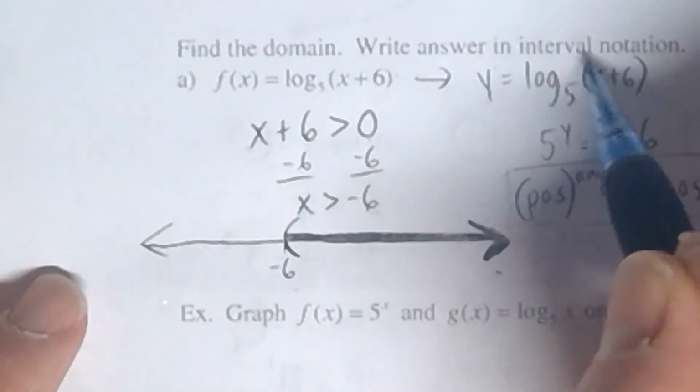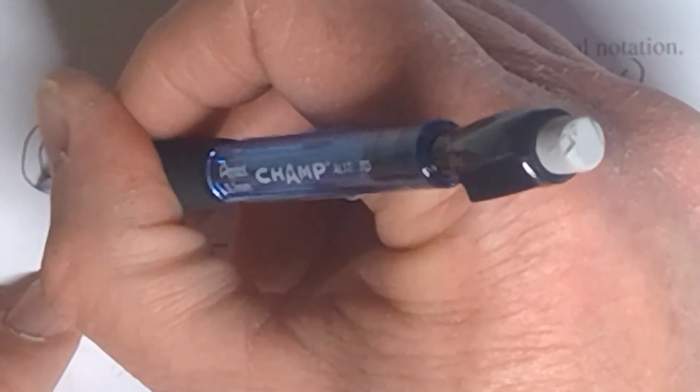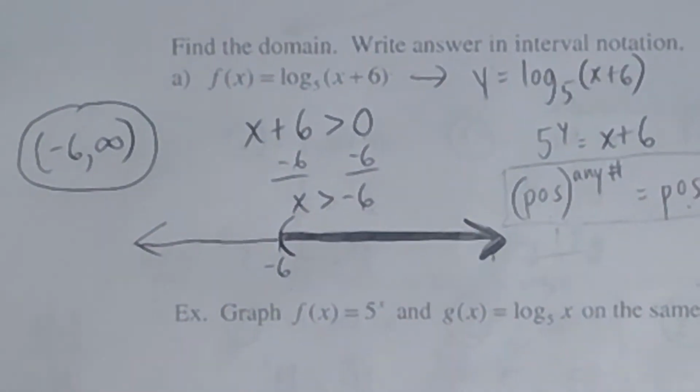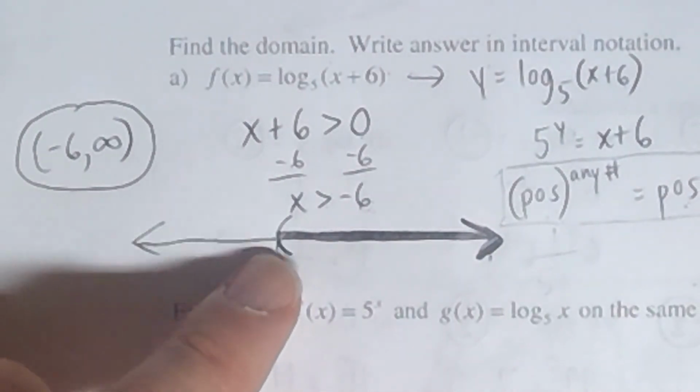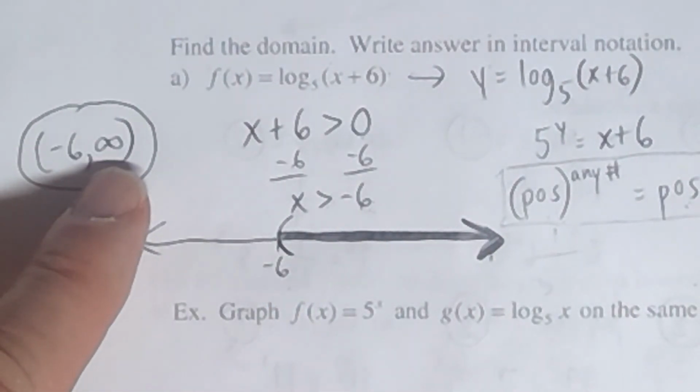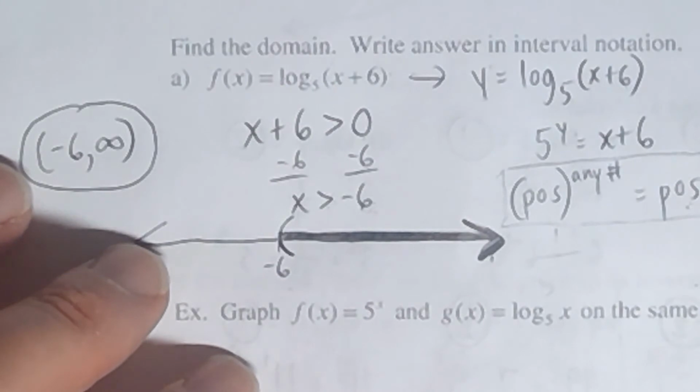And then as the directions say, interval notation. That means negative 6 is where the shading starts. It ends at positive infinity. Put your brackets in there as well like we normally do. Negative 6 is round and infinity is always round. So that's problem A.